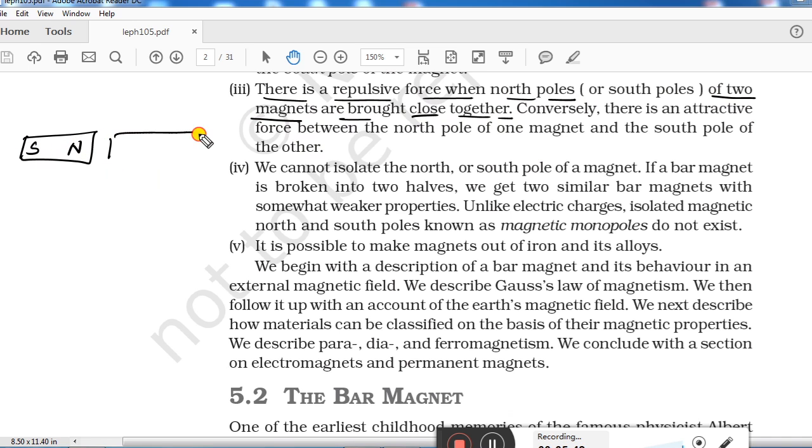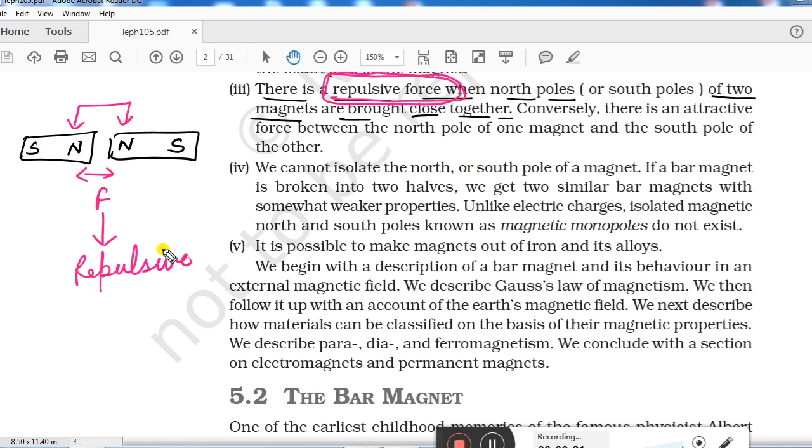They are saying that if you bring two magnets near to each other with the same poles placed near each other, like you can see here, north, then you will see that a repulsive force will start acting between the two magnets.